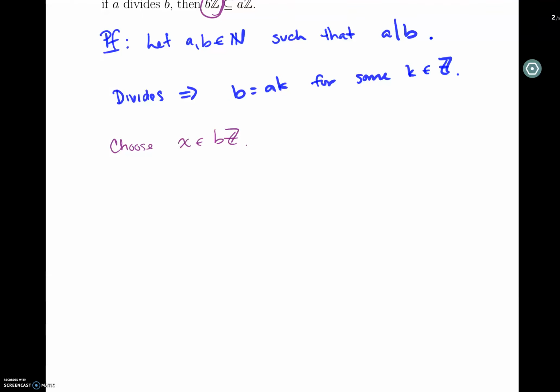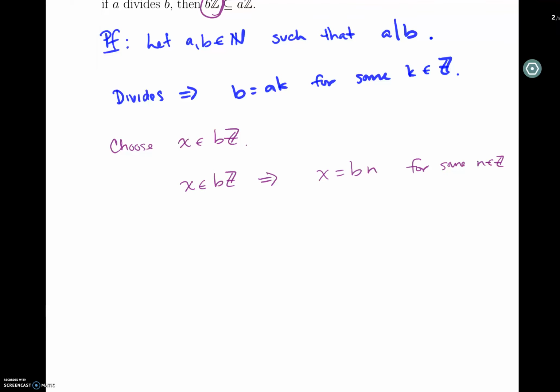Now, the fact that x is an element of bZ tells us that x can be written as b times n for some n in Z. But what do we have from above?